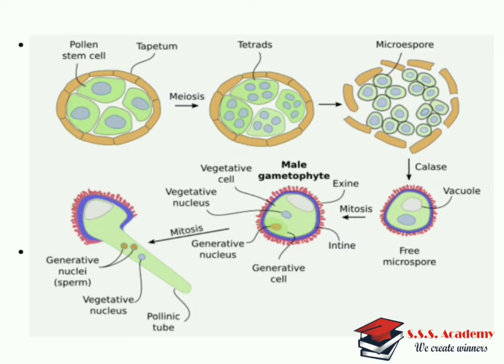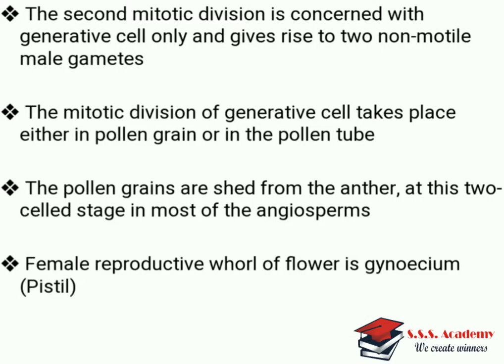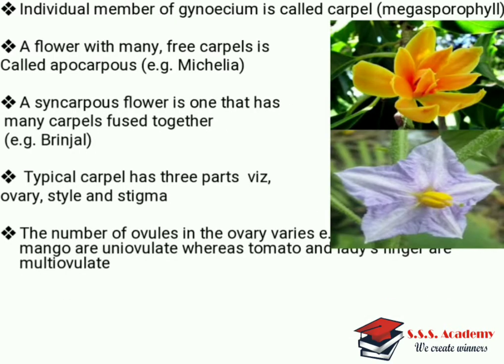And the female reproductive whorl of that flower is so called as gynoecium, which is also called pistil. Okay, so the individual member of gynoecium is called carpel, that is also called as megasporophyll.